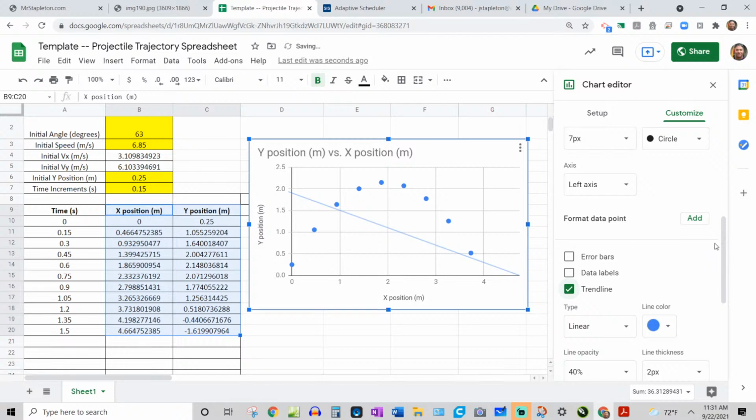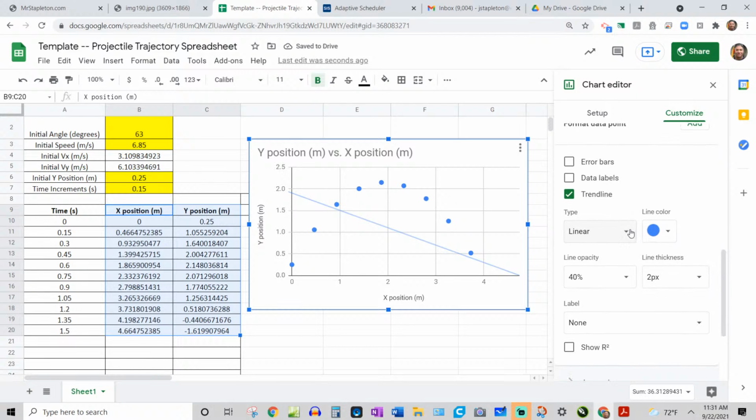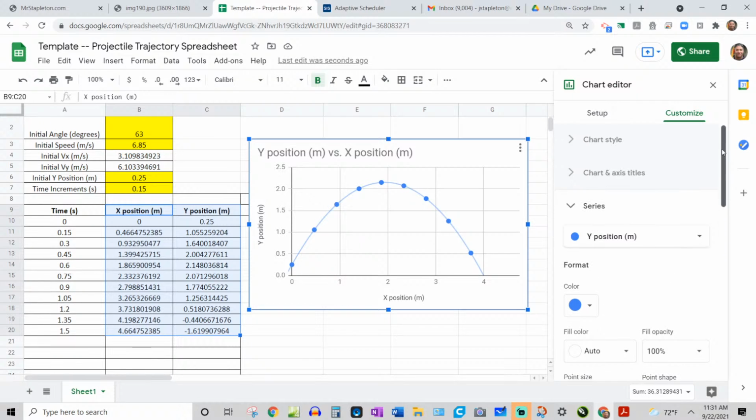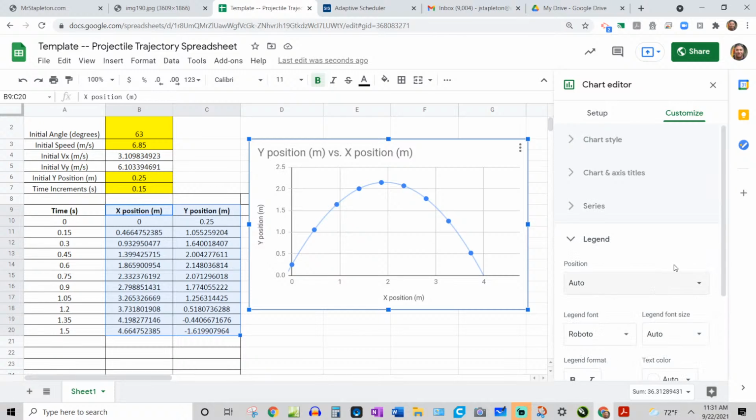That's not a very good one. It's not linear. And for this, it seems like a second degree polynomial works pretty well. The dots themselves, I think, get in the way. So I'm going to get rid of those. And to get rid of those, you have to go to legend, I believe. Is it legend?